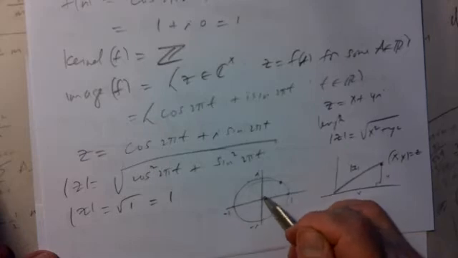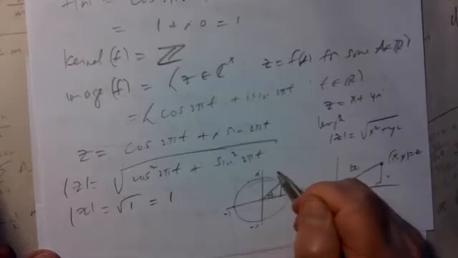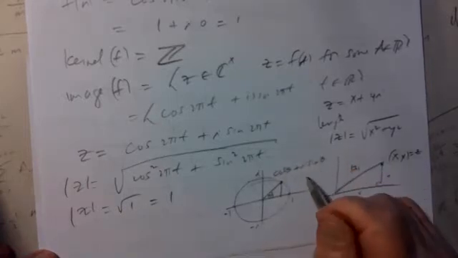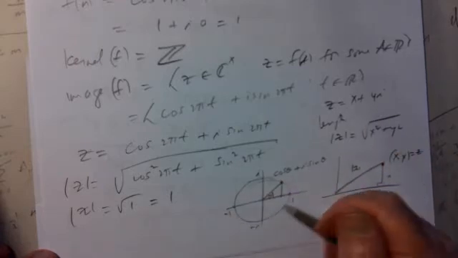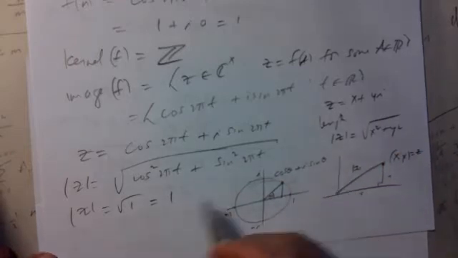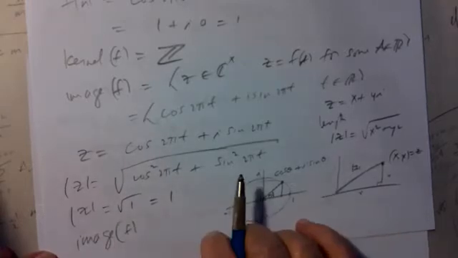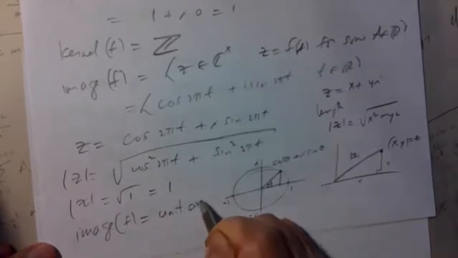And if you take any point on the unit circle, you can write, if this angle is theta, this is cosine theta plus i sine theta. And you can write theta as 2 pi t. You get every point on the unit circle. So the image of this homomorphism f is the circle of radius 1, the unit circle.